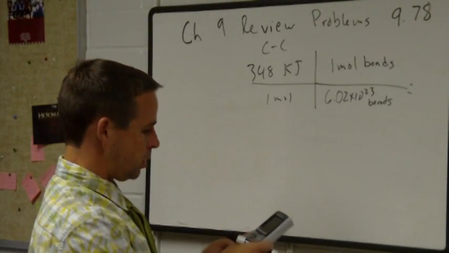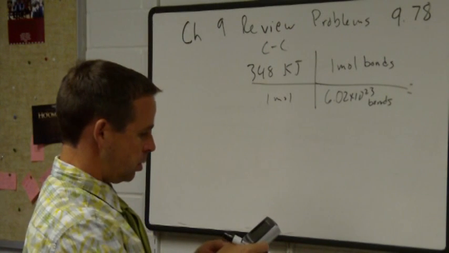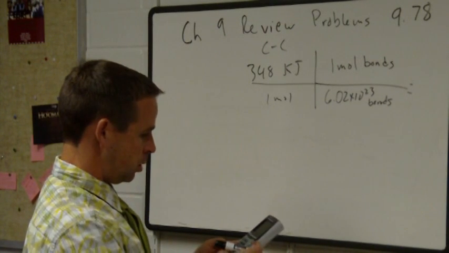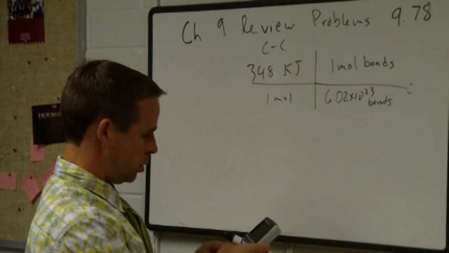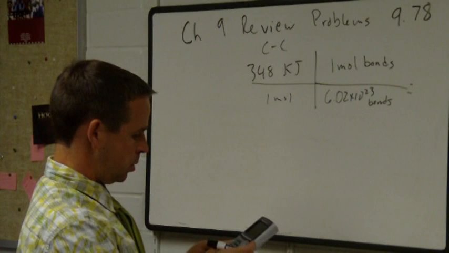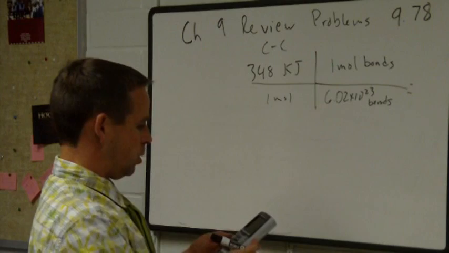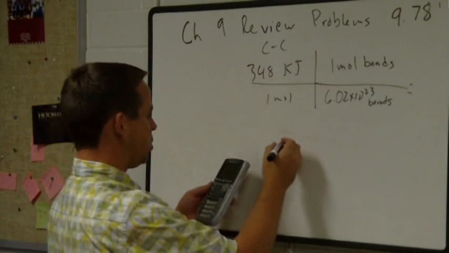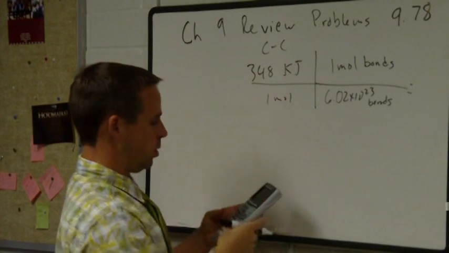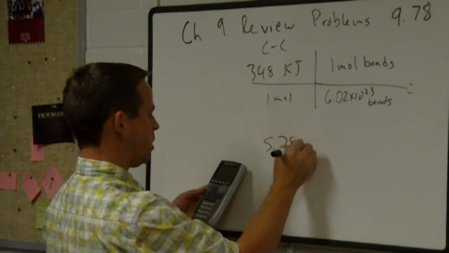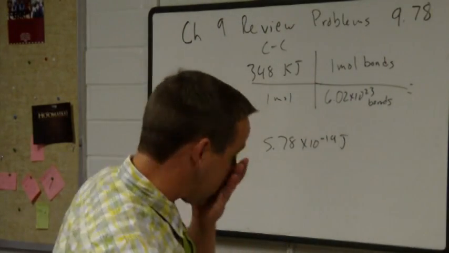So 348 divided by 6.02 times 10 to the 23rd. And in kilojoules, we'll convert it to joules though, multiply by 1,000. It's 5.78 times 10 to the minus 19 joules of energy to break that bond.